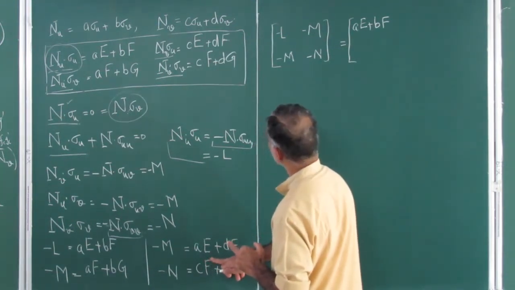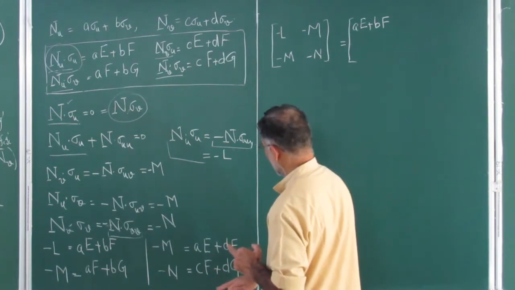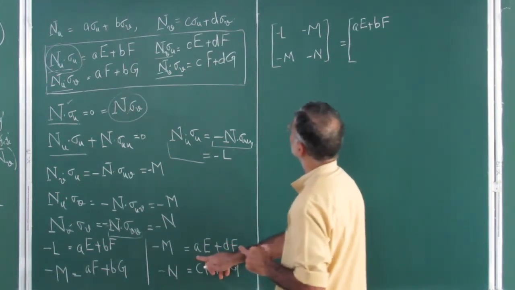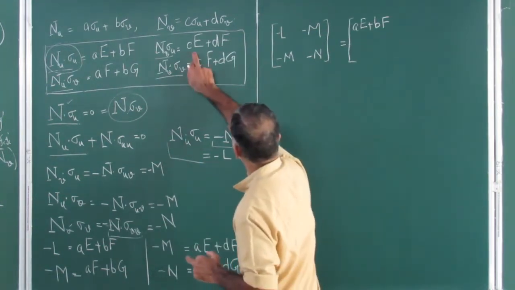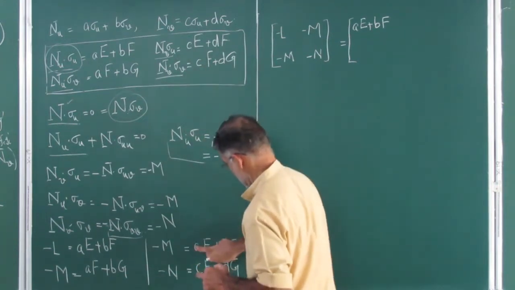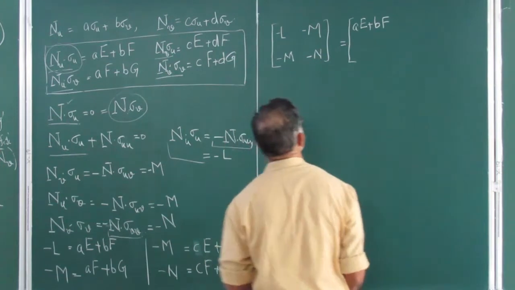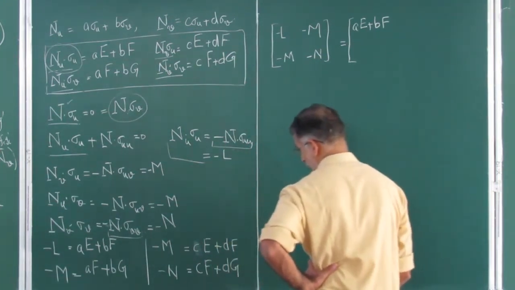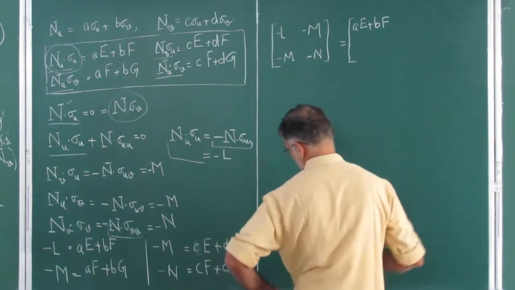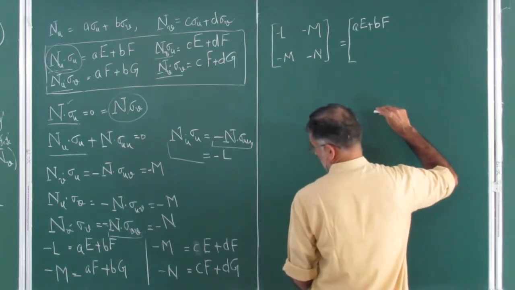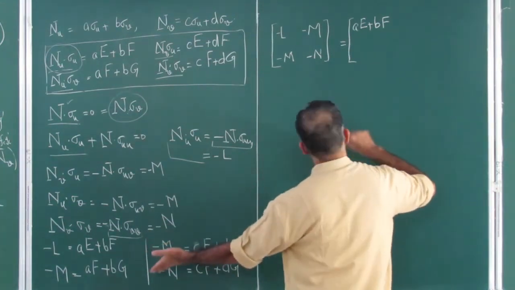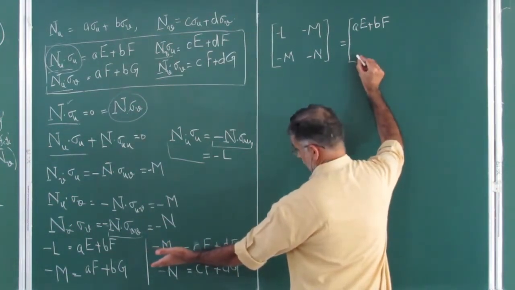This is the third one. This is C, right? Okay. So this is CE plus, next one you can write here, AE plus BF.